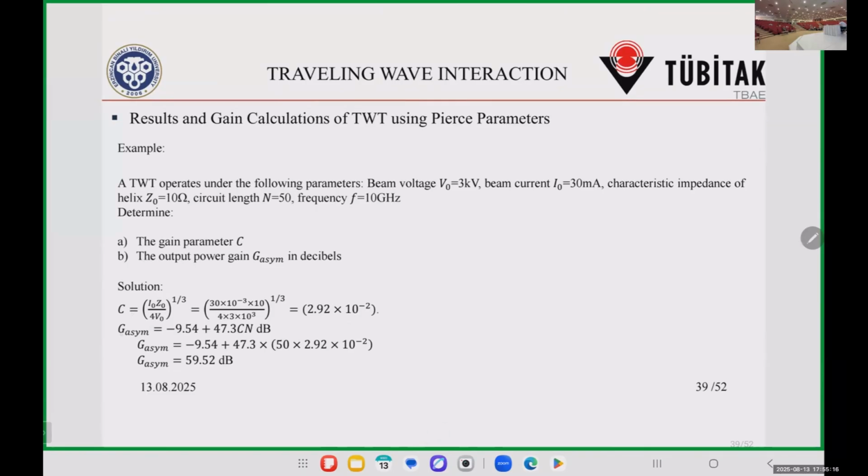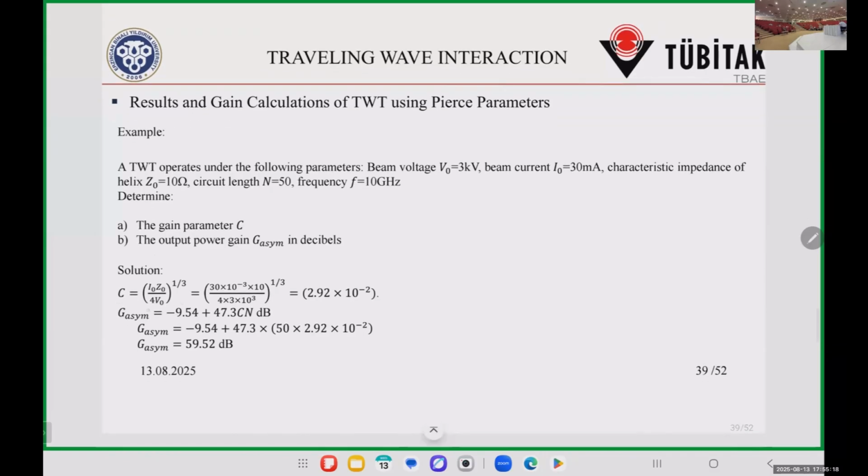So we use this equation, you can see, and we obtain this solution here. And if we use the asymptotic calculation of power gain, we can write minus 9.54 plus 47.3 Cn. And if we write Cn here, then we can obtain 59.52 dB for asymptotic power gain here.